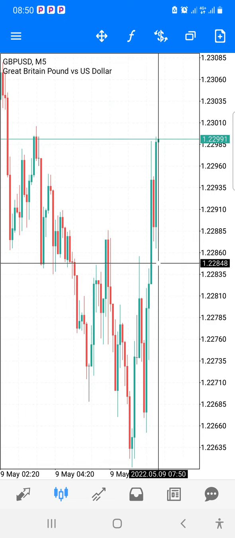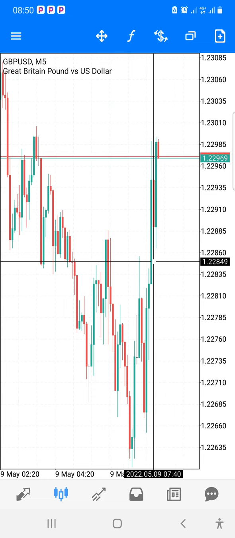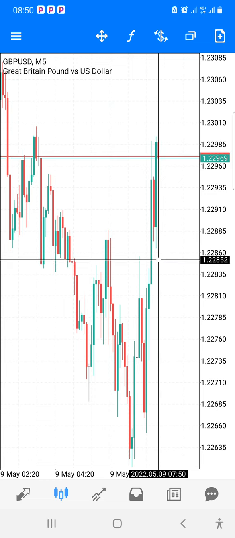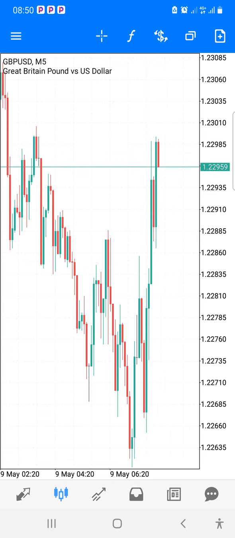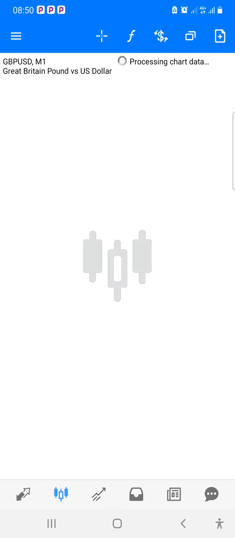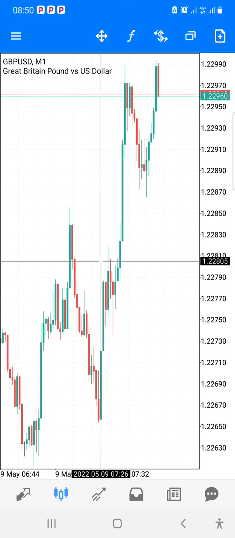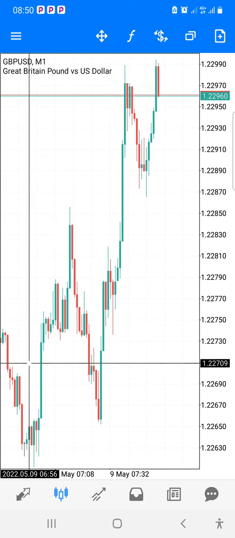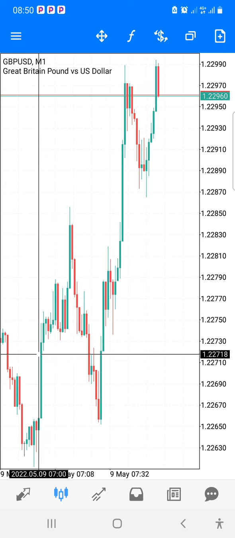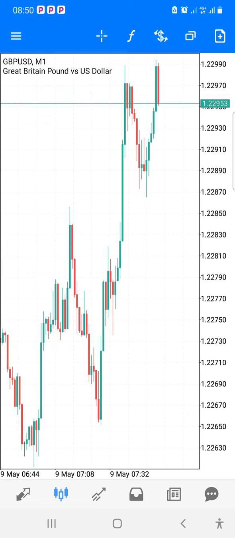So the last one here will be 7:50 to 7:55, which is 8:50 to 8:55 Nigerian time. This candle that will form would end at 7:55 or 8:55. Then the 1 minute time frame, 1 minute per candle. So see now 6:58, 6:59, 7:01. Something like that.